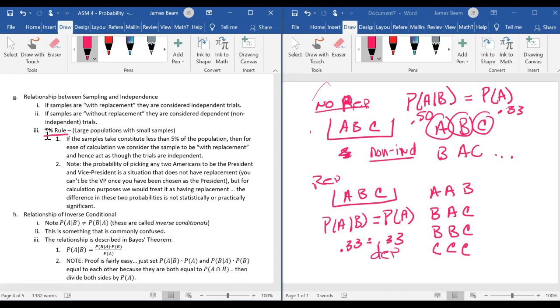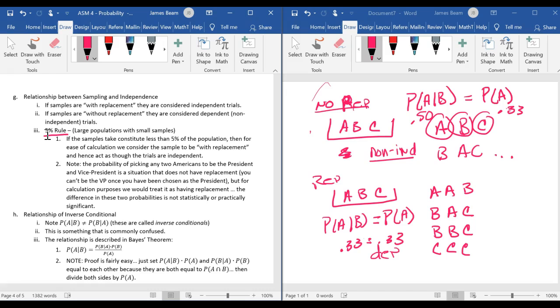If I pick 4 Americans at random, it is highly unlikely that I am going to pick the same American twice, and it works as though I'm doing independent trials. It doesn't quite matter.